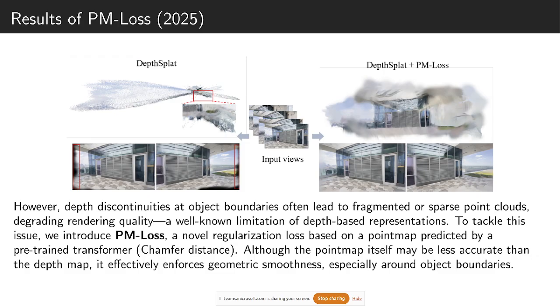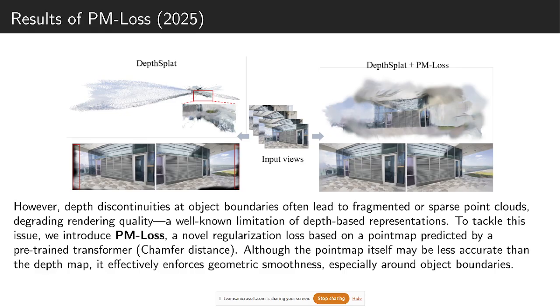The point model itself is probably not that accurate, at least from a depth perspective, compared with your depth model, but it can enforce, or let's say force, more geometric smoothness.